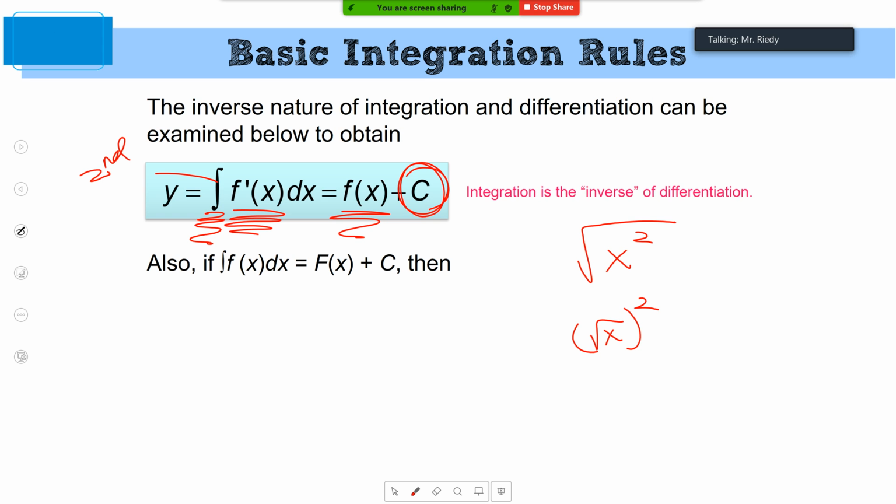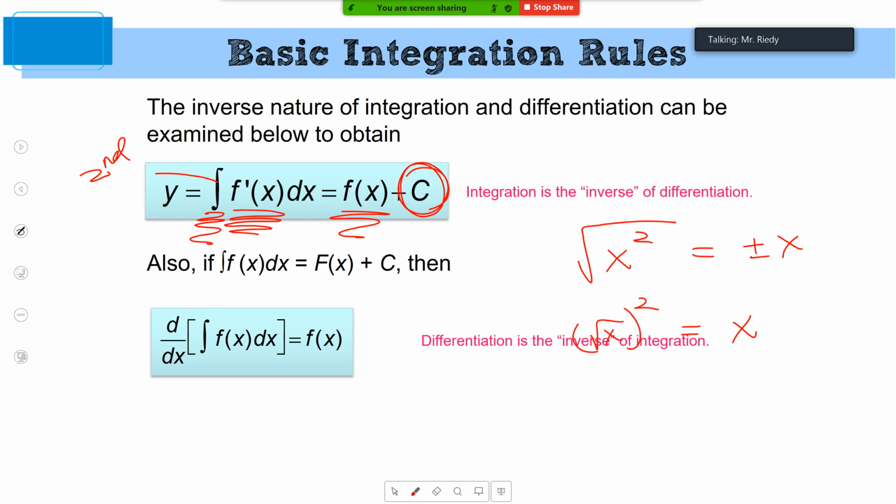In the bottom one, I'm doing a square root first, then squaring it. Notice, this would be plus or minus x. This would just be x. Okay, that's relevant in a second. Because what if I do it out of order? What if I do the integral first, then I take the derivative?